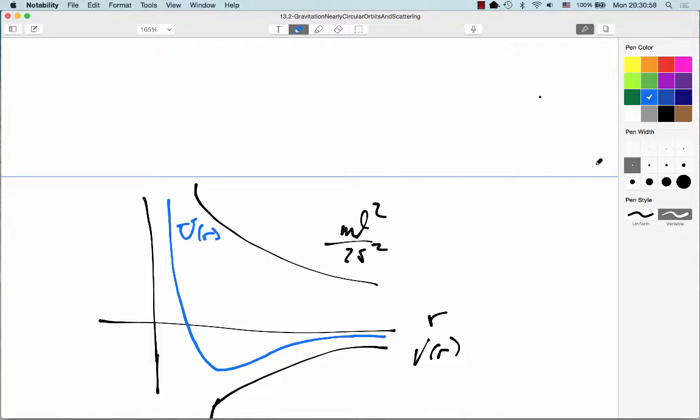All right, so then we can look at different possible energies. If this were one-dimensional motion, we would say at best we approach, we turn around, and we go back out. So that's in one dimension. But our theta is continuously increasing because of the conservation of angular momentum. So this turns out to correspond to our hyperbolic orbit.